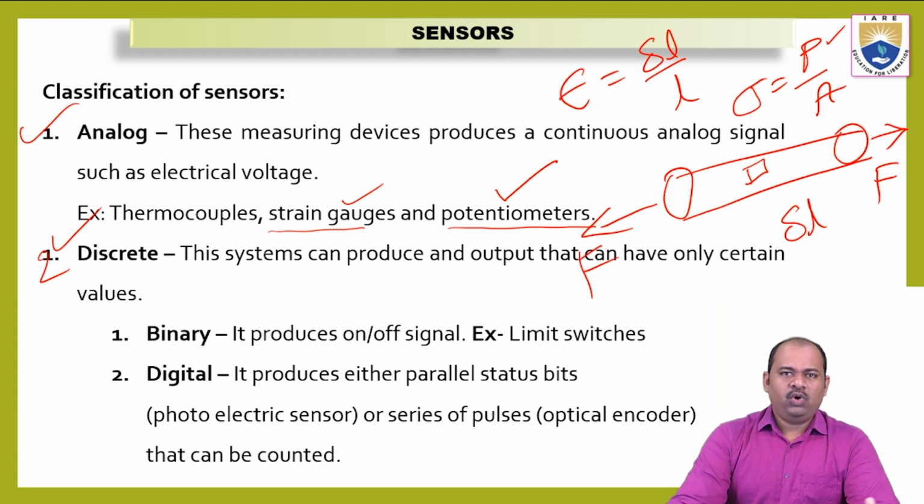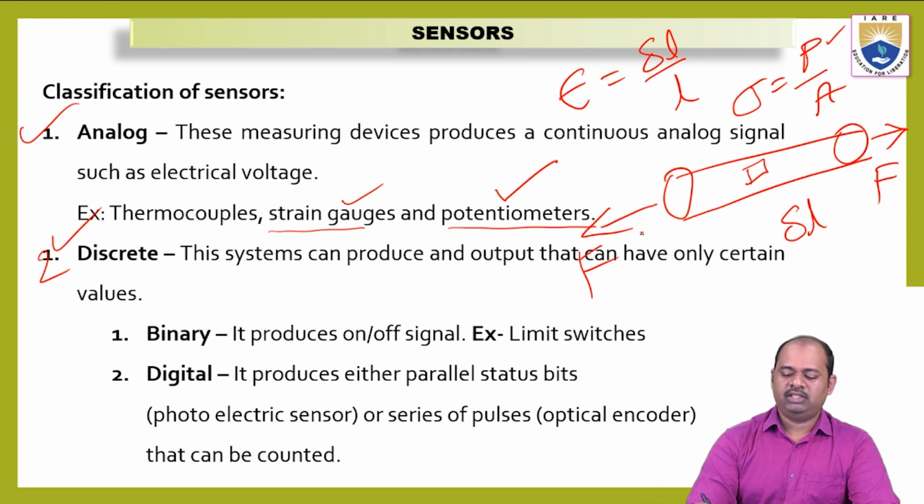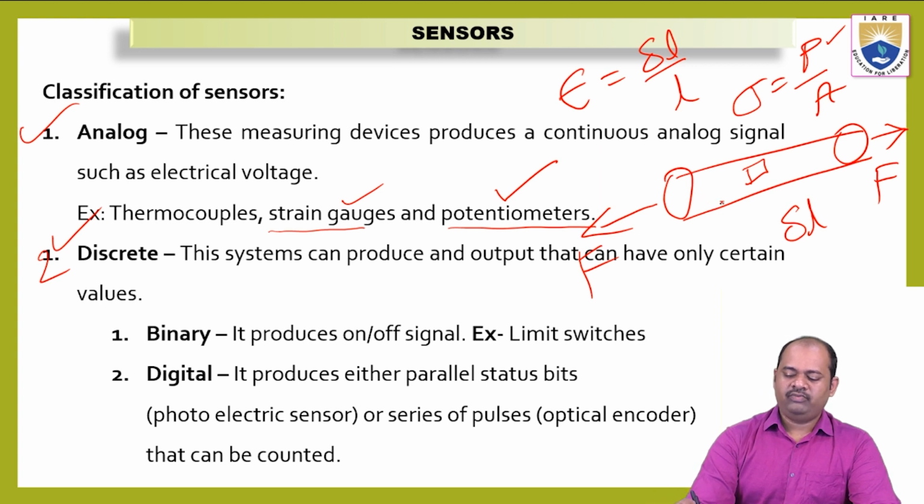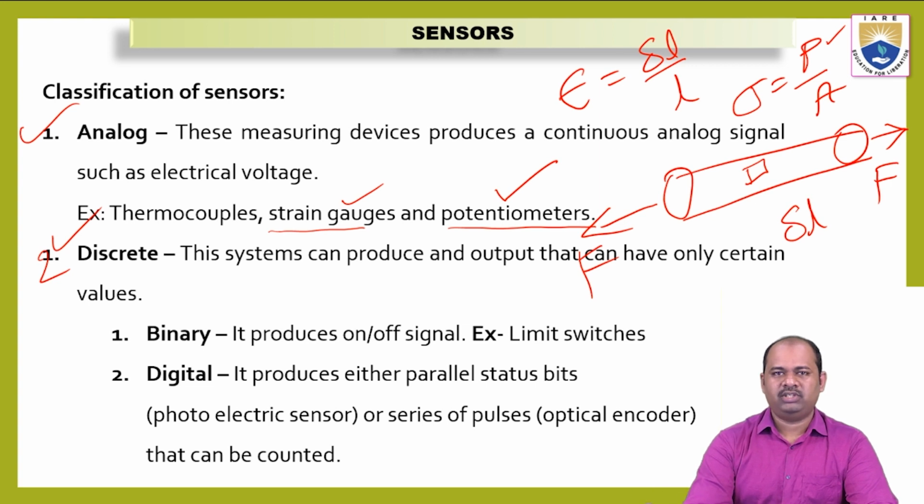Now there is no machine so far developed for calculating or measuring the stress in a body. Suppose in this example I have a cylindrical rod where I am applying some force on both sides, which is tensile force. Now whatever the deformation I can calculate, but I cannot calculate the stress inside the body because stress is invisible. Directly we cannot measure the stress value.